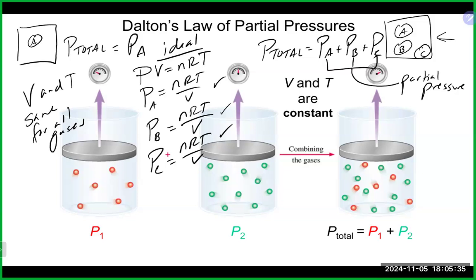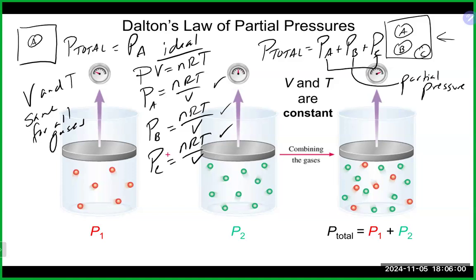And that is the idea that in ideal situations, different gas molecules pretty much don't interact with one another. They're not attracted to another gas, they're not repelled by another gas. It is almost like you could think of those gases as being in there by themselves, even though there are other gases flying around.